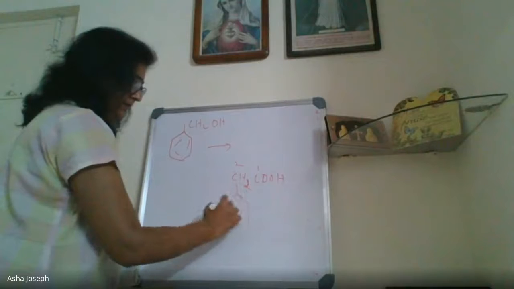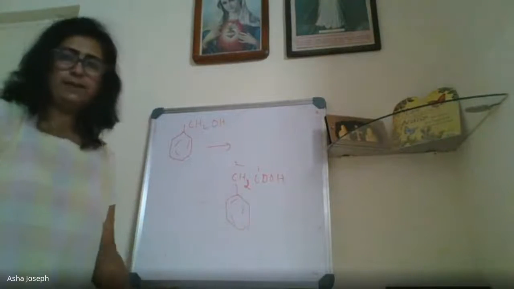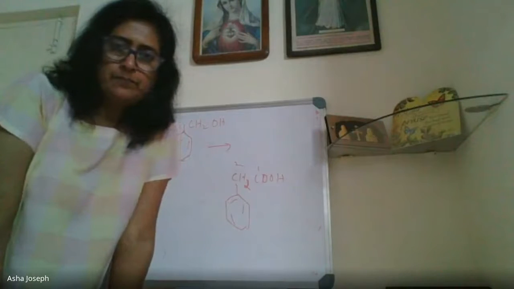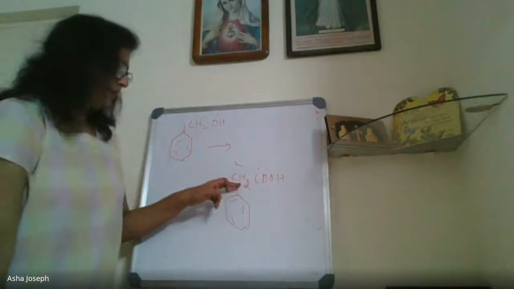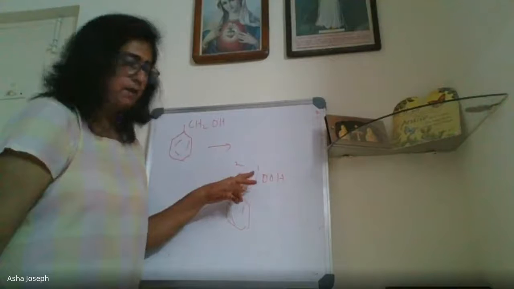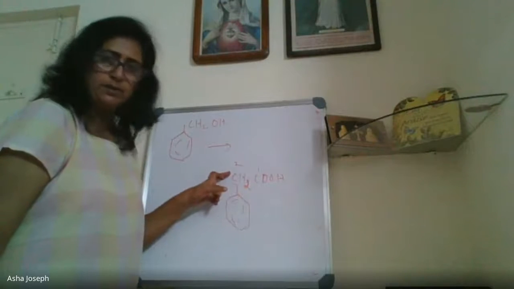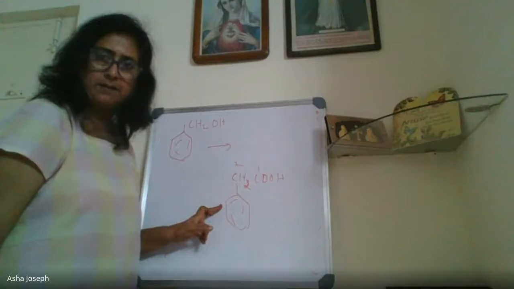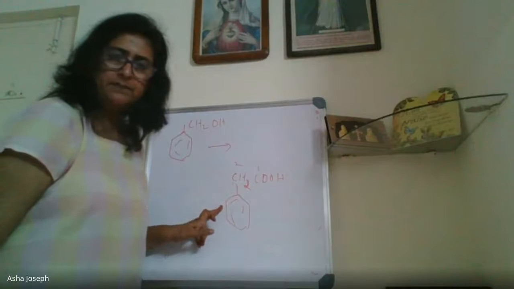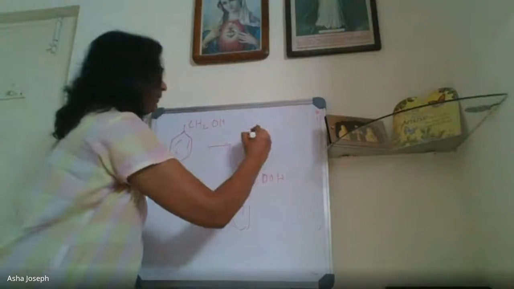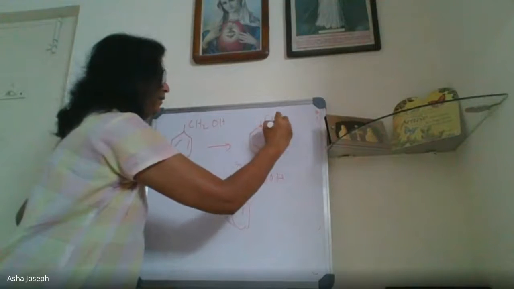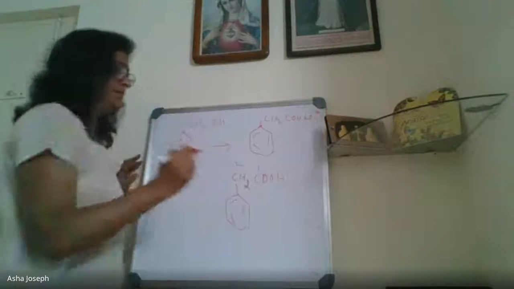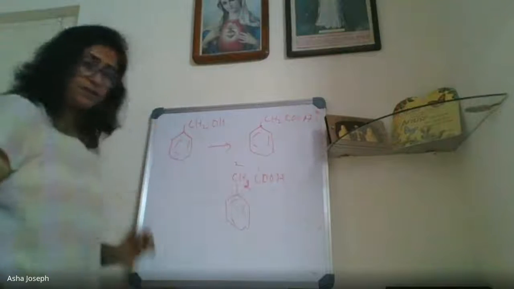So this is 2-phenyl ethanoic acid. Clear? Any doubt on that? To get it, first you write ethanoic acid, carbon 1, carbon 2. The second carbon is replaced by a phenyl group. Is it okay? So this is the compound, CH2COOH.